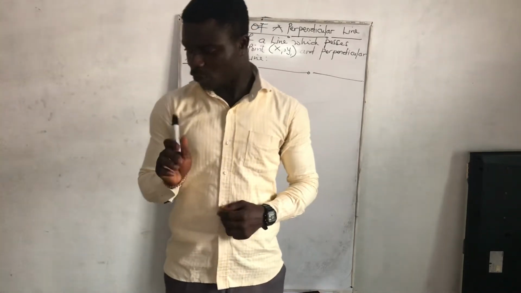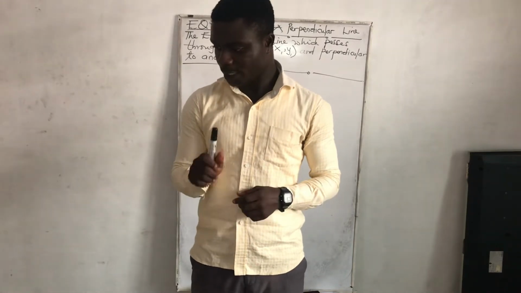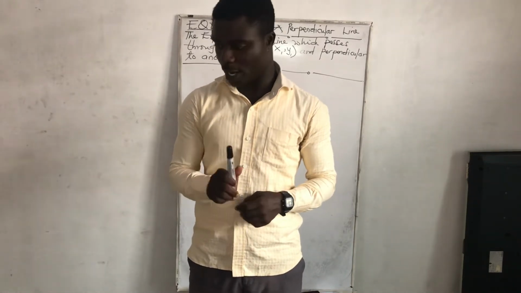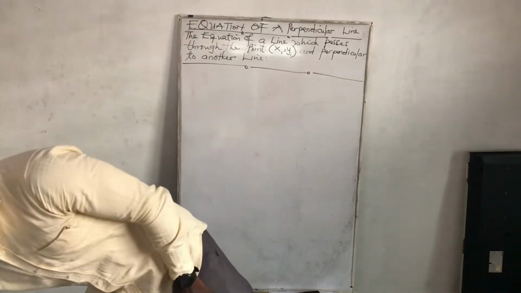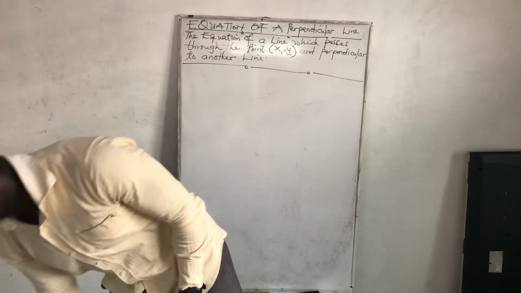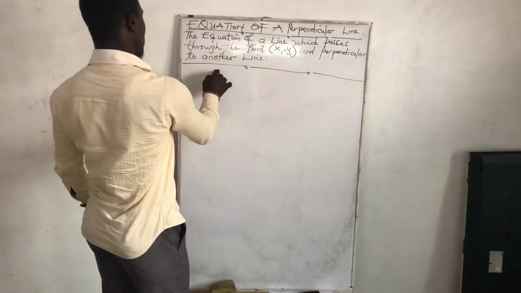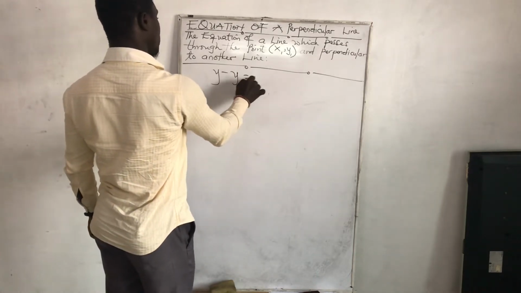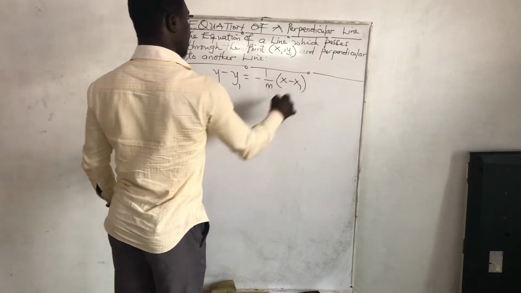So the equation of the straight line perpendicular to another line of gradient m, passing through the point (x1, y1), is found by making y the subject of the formula y minus y1 equals -1 over m times (x minus x1).